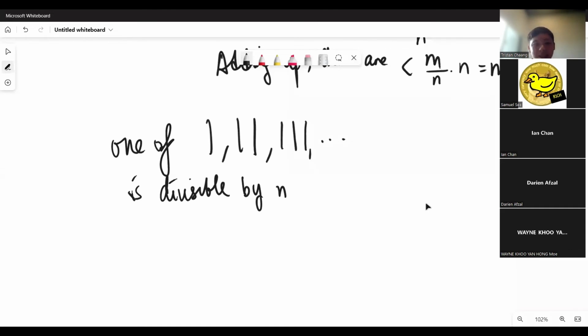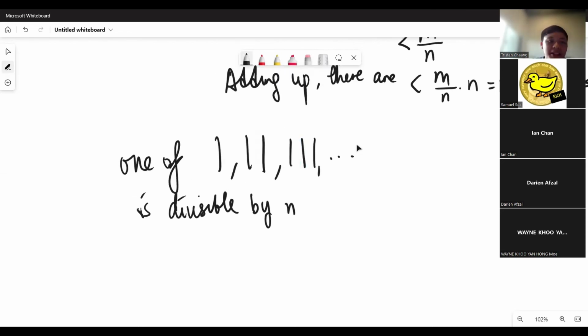So please be as rigorous as possible in your proofs and try to make it clear, concise and neat for the examiner to read. Okay. So consider each term in the sequence mod n is the best idea. So mod n, if anyone doesn't know, means remainder when divided by n.